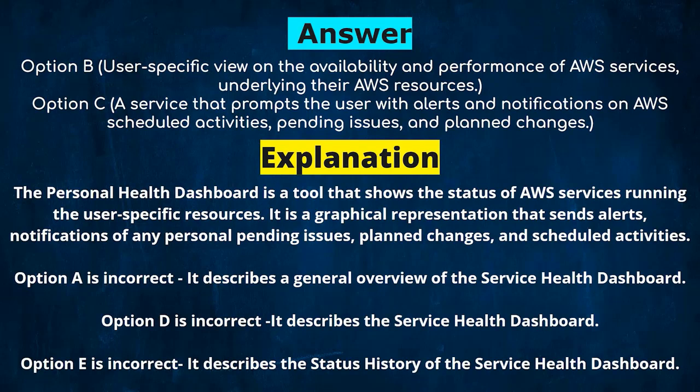It is a graphical representation that sends alerts, notifications of any personal pending issues, planned changes, and scheduled activities. Option A is incorrect. It describes a general overview of the Service Health Dashboard. Option D is incorrect. It describes the Service Health Dashboard. Option E is incorrect. It describes the status history of the Service Health Dashboard.